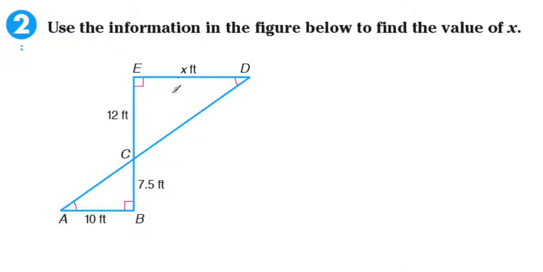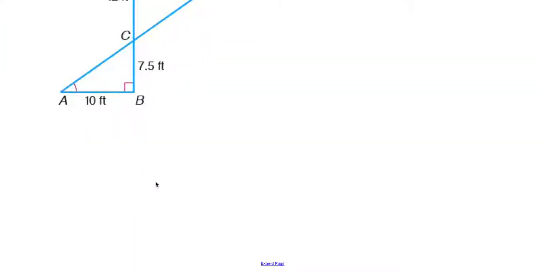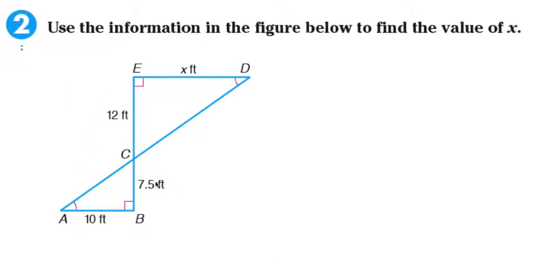So in example number 2, we have this. I need to do it again. So let's do this. Use the information in the figure below to find the value of x. Since vertical angles are congruent, remember what vertical angles are.